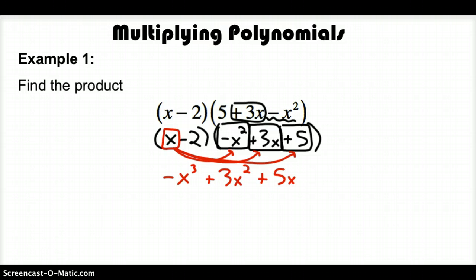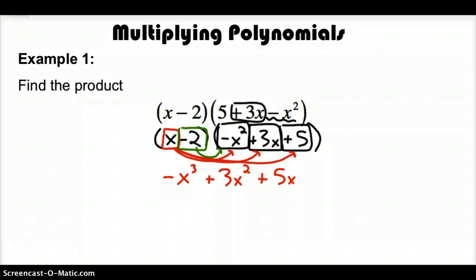Now we're going to let the negative 2 have its turn to date everybody. So at this point, we're going to take the negative 2 and multiply it by that negative x squared. We know that a negative times a negative is a positive, so I'll write the plus. In fact, I'm going to line up the terms here.